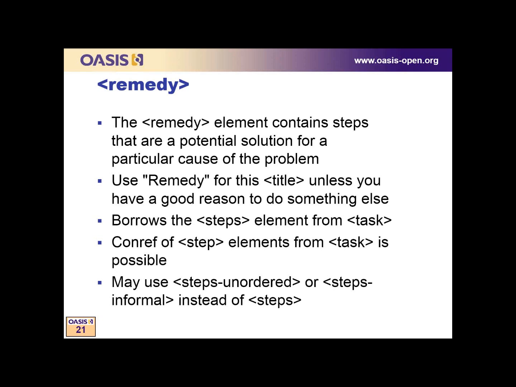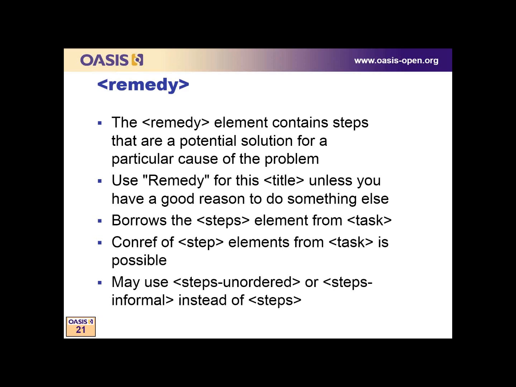For here, once again, use remedy for this title unless you have a good reason to do something else. You know, at one point, we had even decided to set a processing expectation where things like the Open Toolkit would be expected to simply put in condition, cause, and remedy as the automatic titles for these.